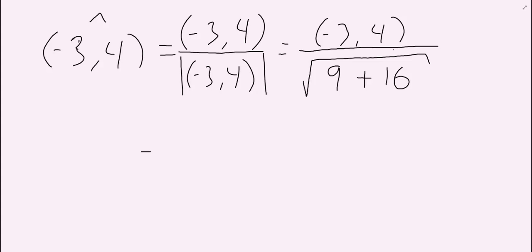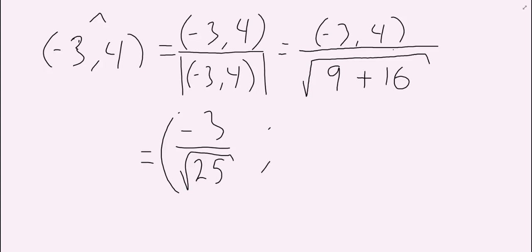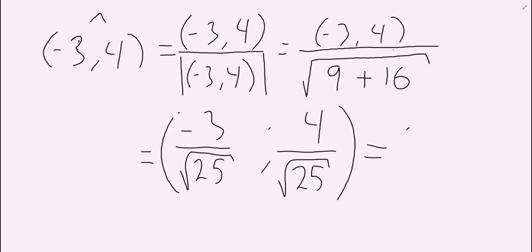which gives us -3 divided by the square root of 25 and 4 divided by the square root of 25, and then you can calculate out of that if you want to get an exact number.